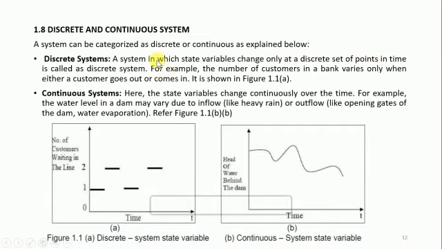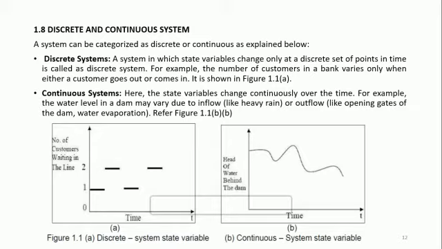Then here, what does it mean? It means that a system has variables whose state change only at a discrete set of points in time. So it doesn't change continuously. Sometimes it changes, sometimes it doesn't change. The next time it changes, sometimes it doesn't change, and so on.